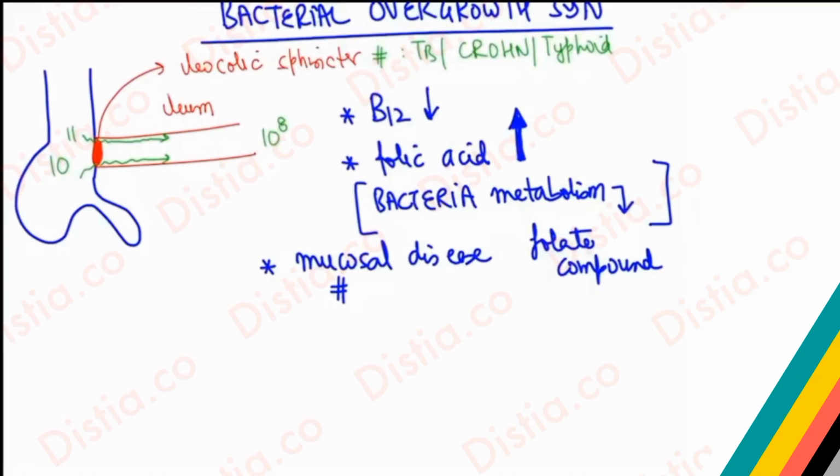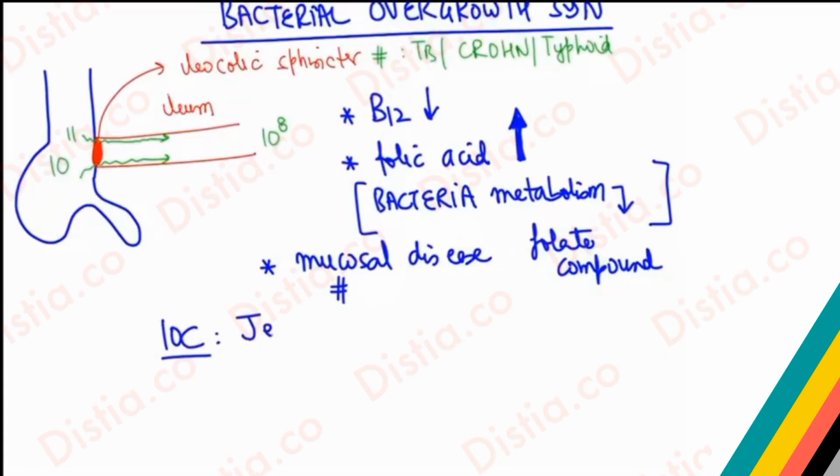So I want to highlight, if you read a question in which the D-xylose absorption test is also defective and simultaneously B12 levels, that is Schilling's test or any other test for B12 deficiency, both are demonstrated together, you need to first be thinking in terms of bacterial overgrowth syndrome, also called SIBO, that is small intestinal bacterial overgrowth.